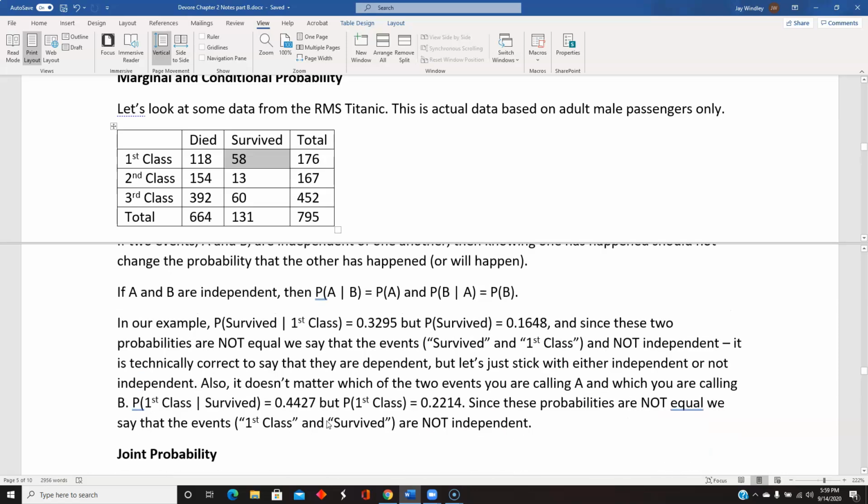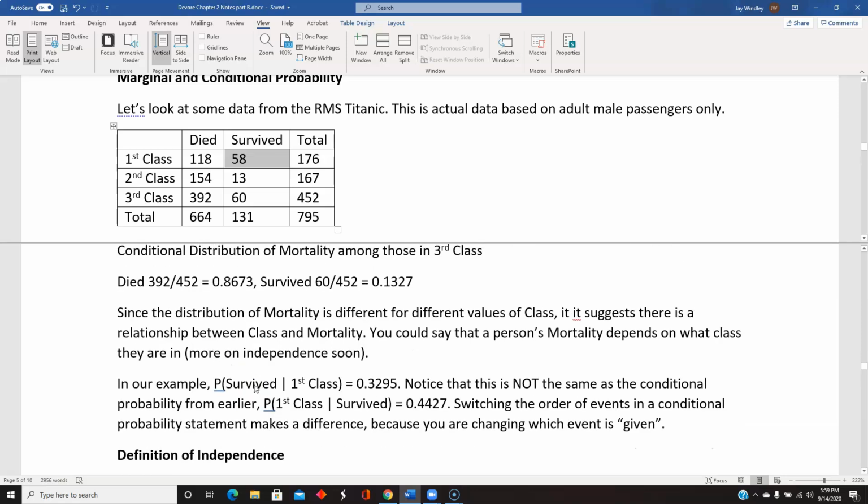Also, I was mentioning up here, when we were talking about conditional probability, that the order of conditional probability makes a difference. So if you say survived given first class versus saying first class given survived, those two answers are going to be different because you're changing the information or which event is given.